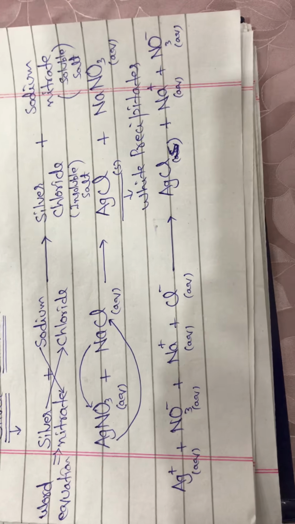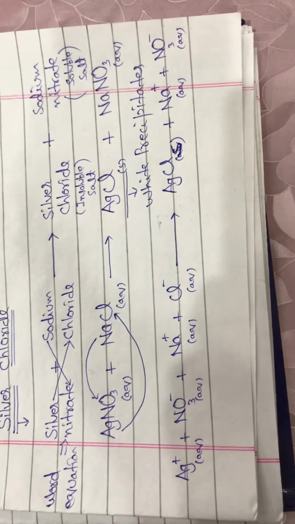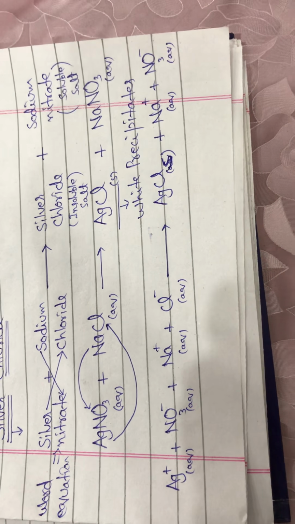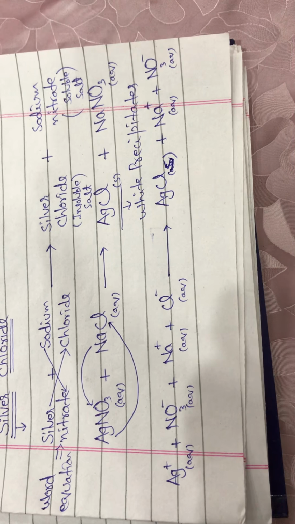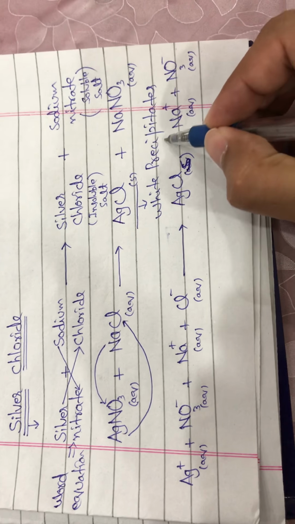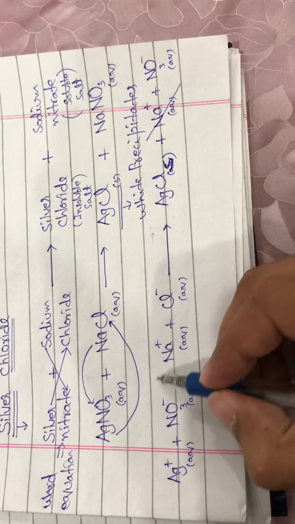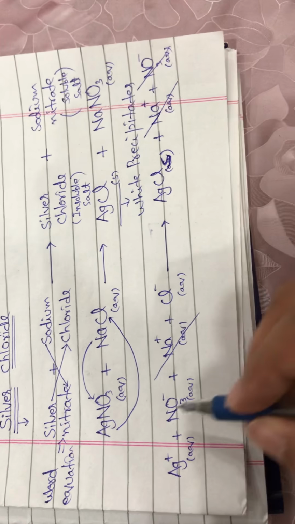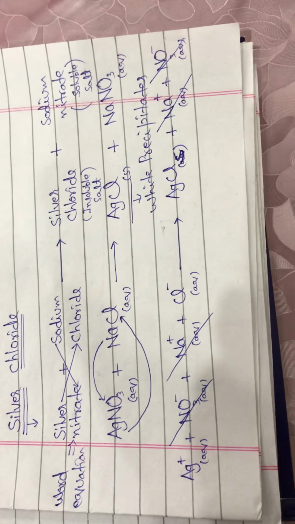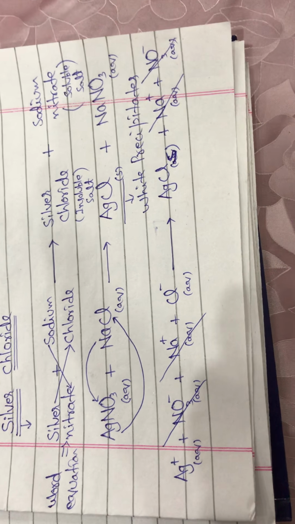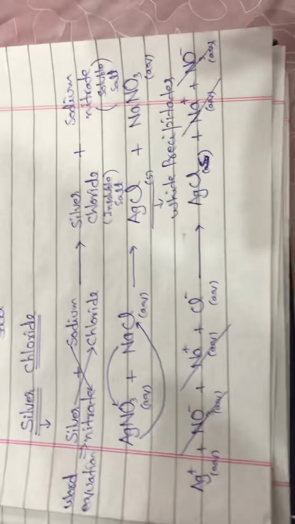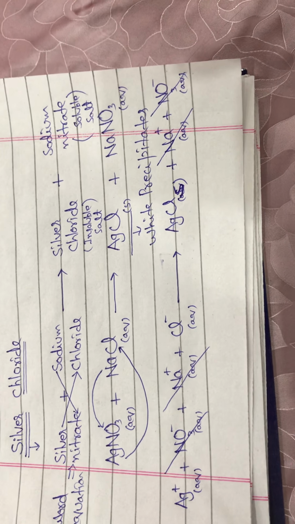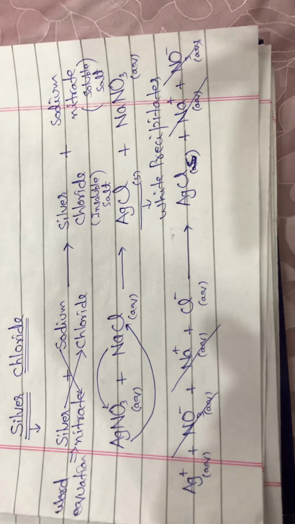Now the substances that remain unchanged on both sides of the equation will be cancelled out, like the sodium ion in aqueous form on both sides, and nitrate ion and nitrate ion. They will be cancelled out because they don't play any role in the ionic equation, because they are spectator ions.